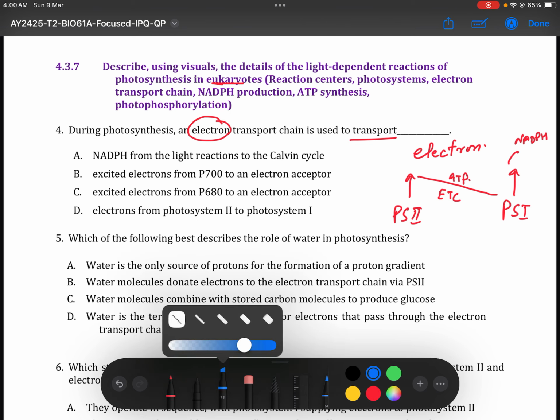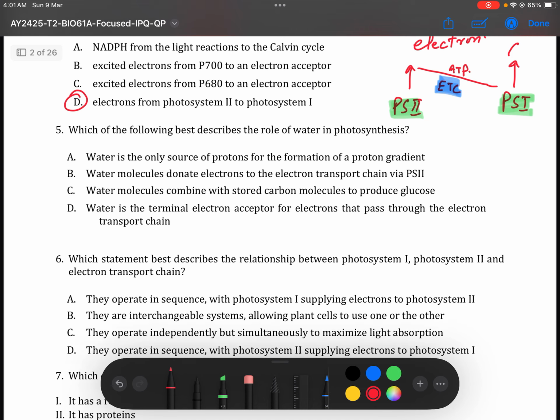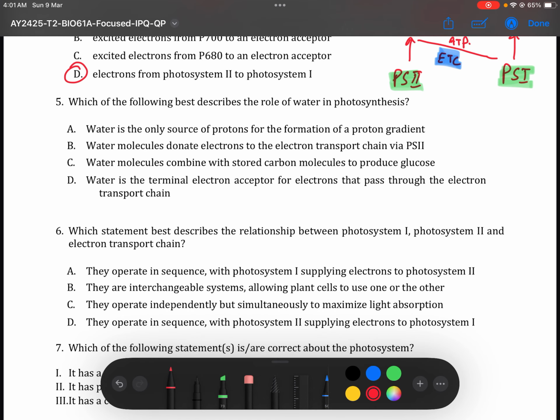ETC is connecting PS2 with PS1, and the electrons are being transferred from PS2 to PS1. So now you can choose the answer for this question: electrons from PS2 to PS1. Which of the following best describes the role of the water?